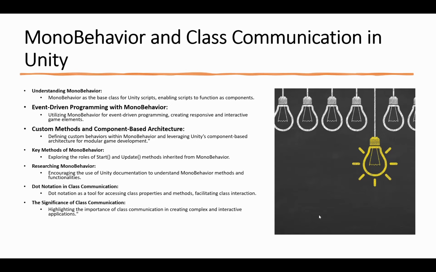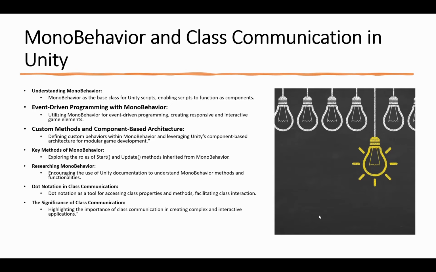This inheritance is like getting a special pass that tells Unity, hey, this script can be a component on an object. Think of MonoBehaviour as a generous parent class that shares its features with your script, making it ready for action in the Unity environment. The two methods you'll see often are the Start method and the Update method. They are borrowed from MonoBehaviour.